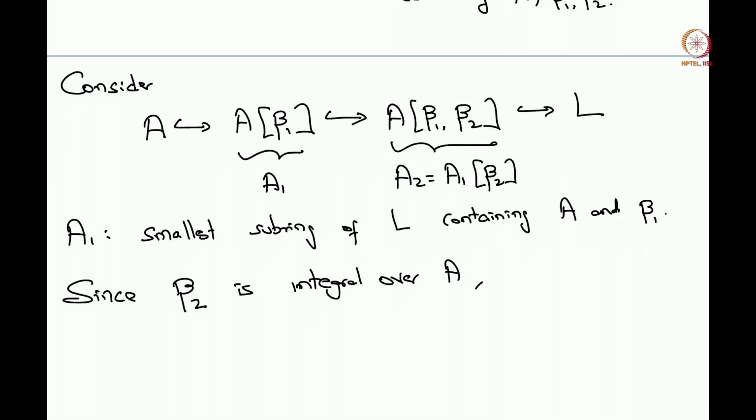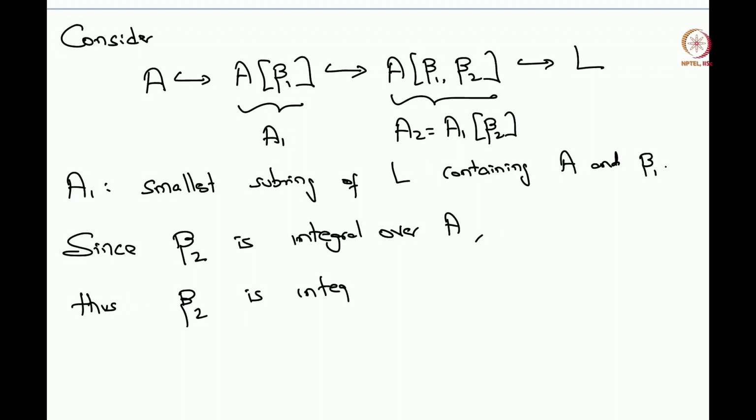But A sits inside A1, so what that means is beta 2 is integral over A1. So why?